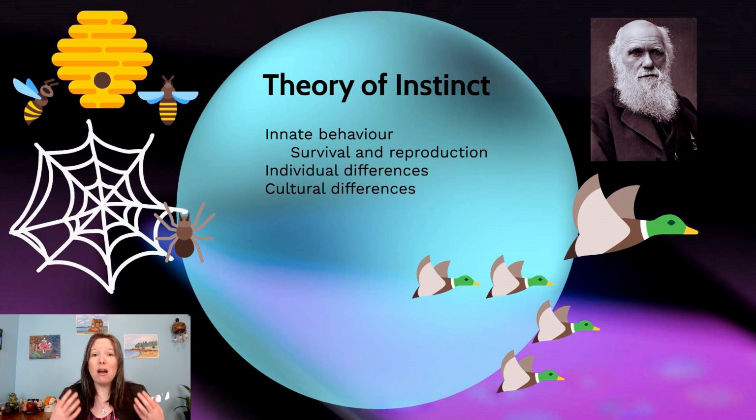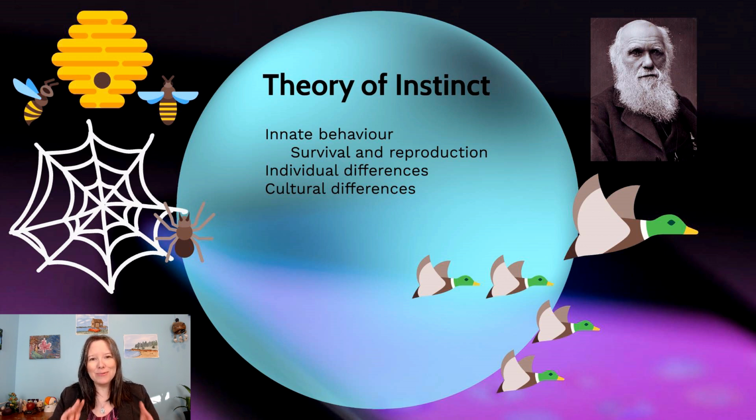So in humans, we also experience a variety of very complex innate instincts. And so the theory of instinct is the idea that the reason why many people do what they do and have the inclinations they have is because it's hardwired into us. And it's hardwired into us because of evolutionary reasons to allow and support the survival of our species. That everything we do would ultimately support the survival and reproduction of the human species.